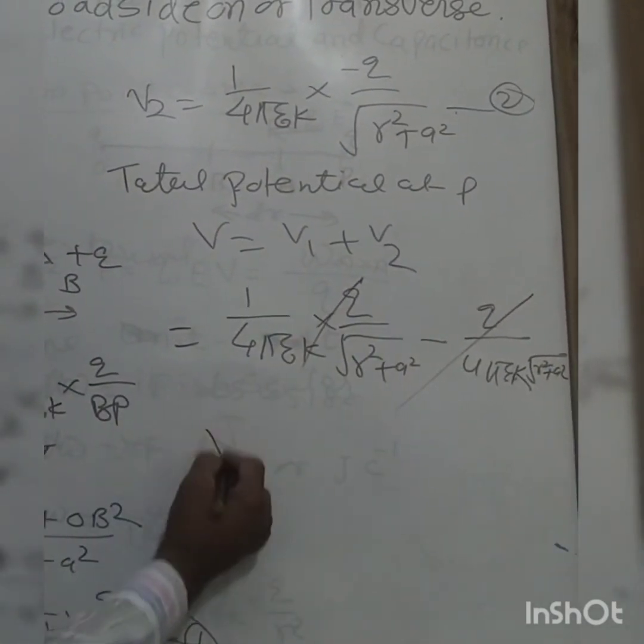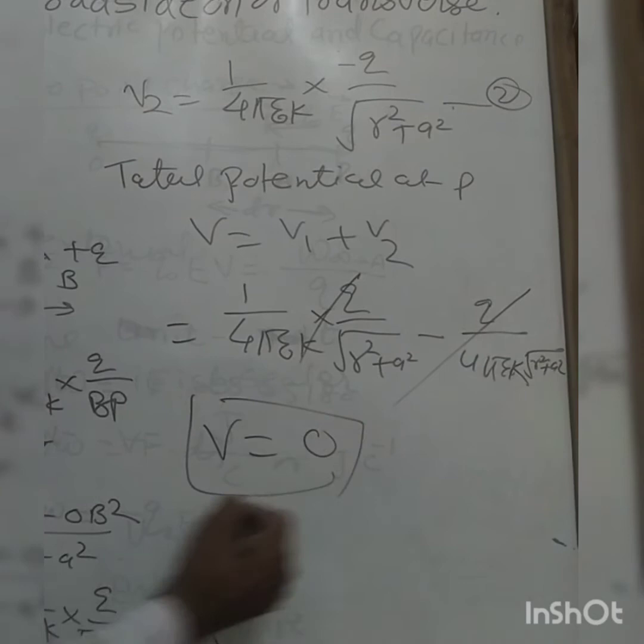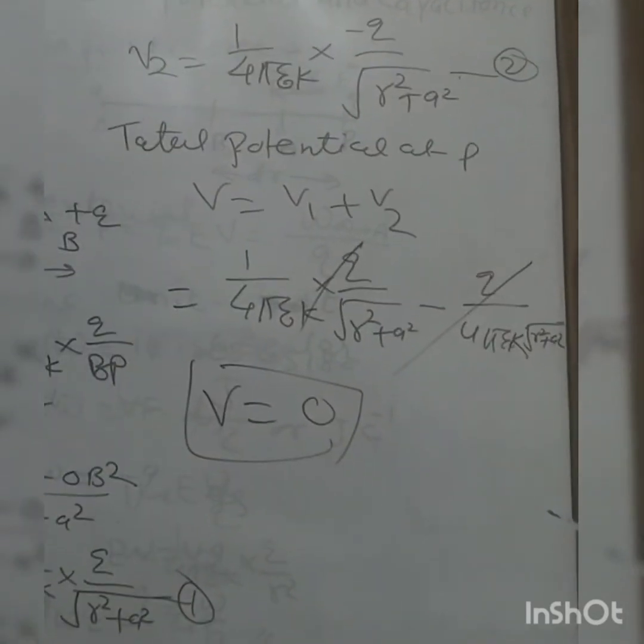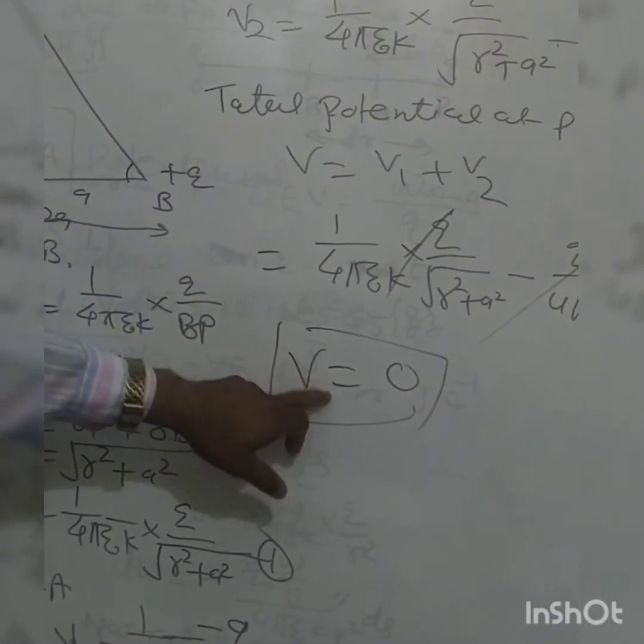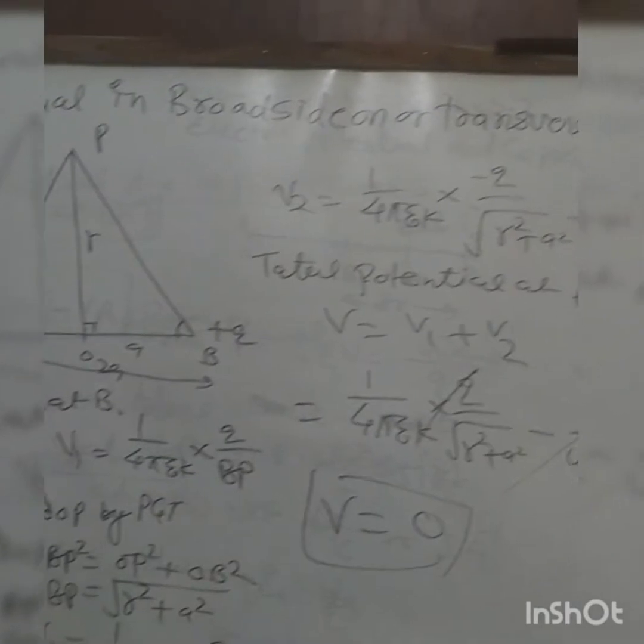Minus and plus cancel, so V is equal to 0. So in this case the potential is 0. This question is asked for 2 marks: in which condition is the potential 0? You have to derive it, or find the potential in the broadside on position.